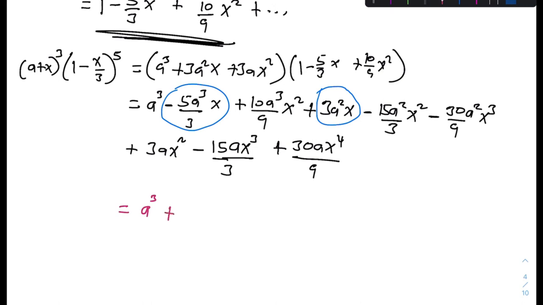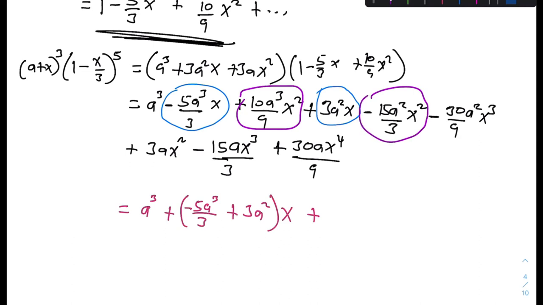So that means we have plus negative 5a cubed over 3 plus 3a squared x plus. Now let's go and take the x squares. So we have this guy here. But let me use a different marker before I get confused. We have this guy here, we have this one, and that one. I think that's it.